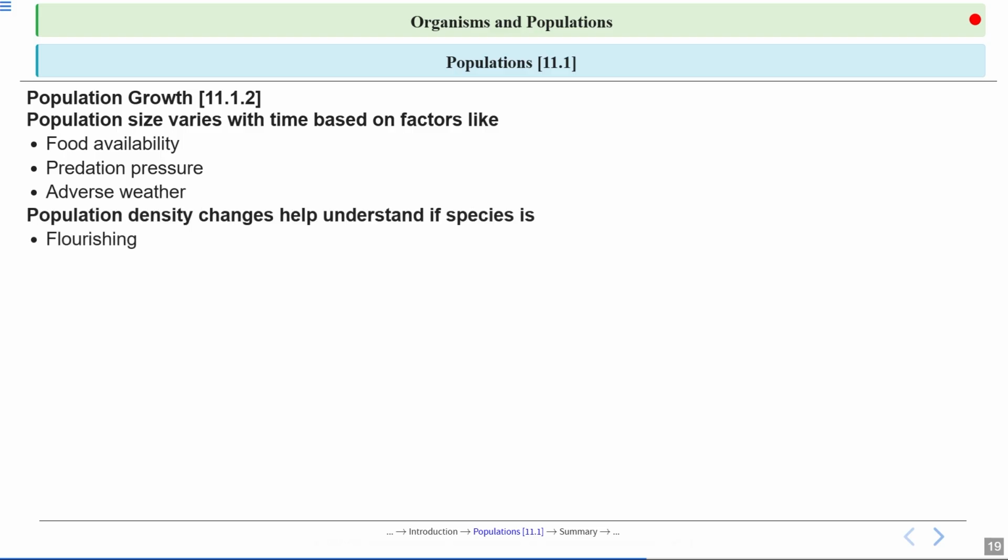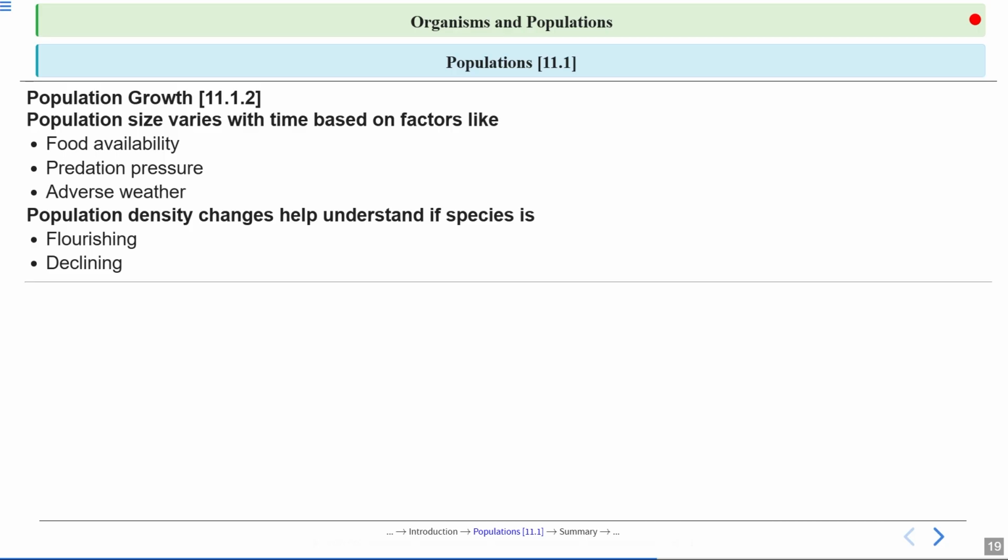Now let's talk about population density changes and how they help us understand if a species is flourishing. If there is a change in population density, then we can say either the population is flourishing or it is declining. Clear? Flourishing means more individuals are being added.